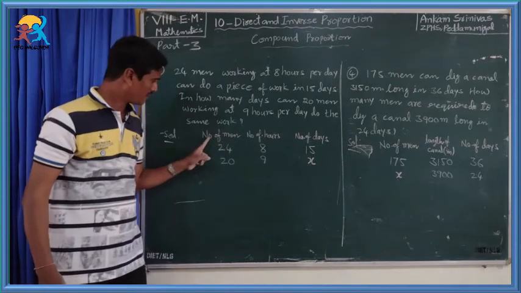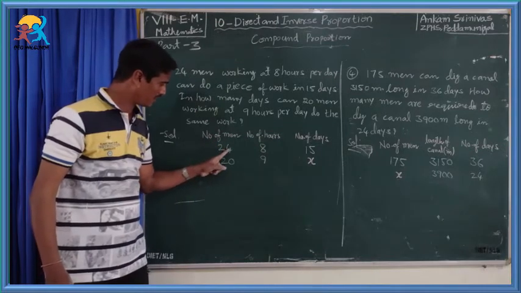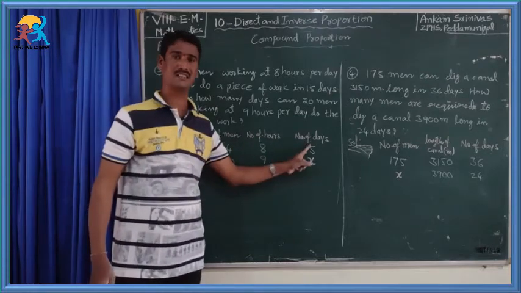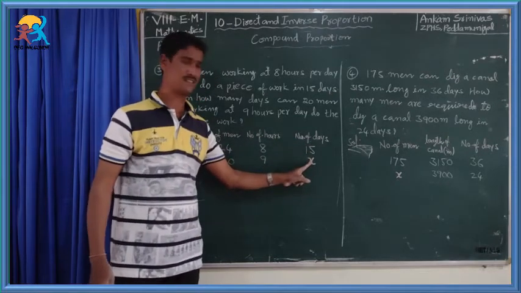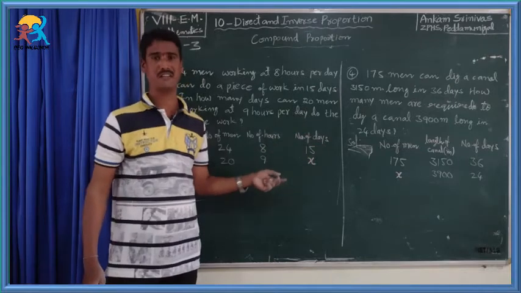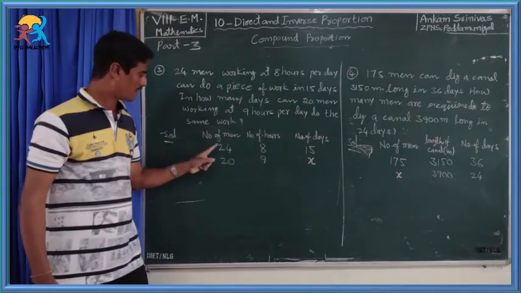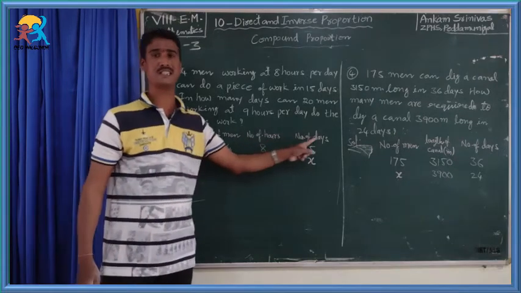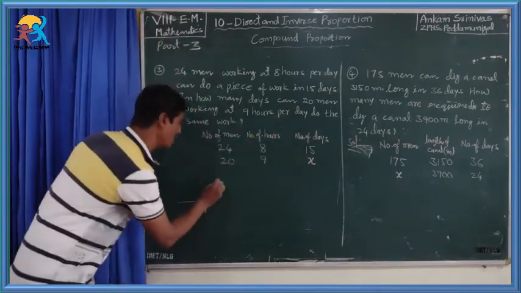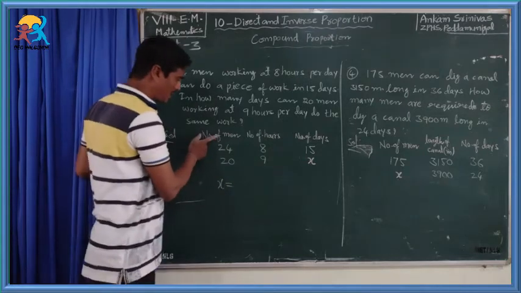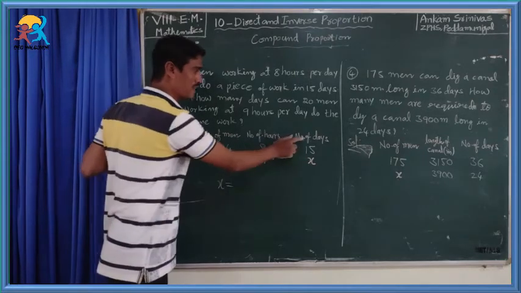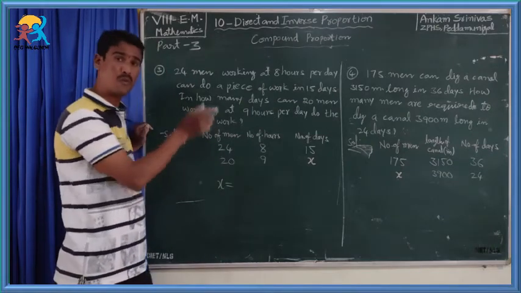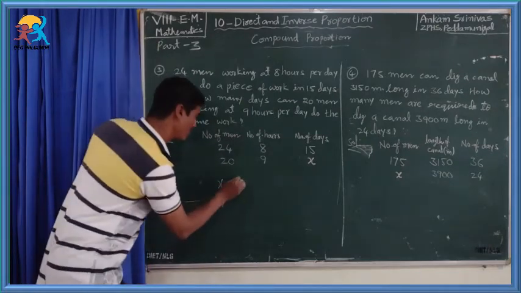If the number of men decreases from 24 to 20, then the number of days will increase from 15. So the number of men is less, the number of days is more. More means we have to take this ratio more by less.